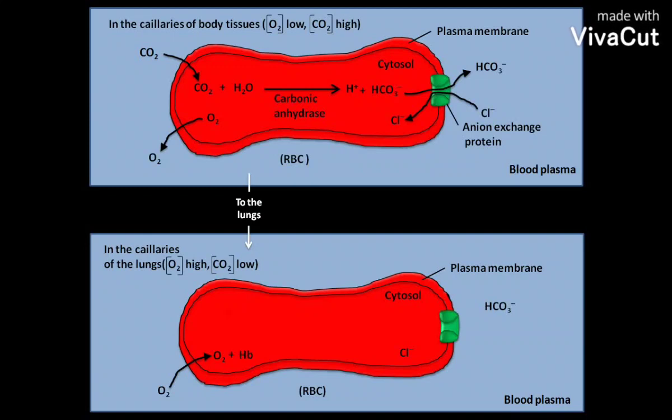to the hemoglobin. The bicarbonate ion present in the blood plasma moves into the cytosol of the RBC through anion exchange protein. It is accompanied by an outward movement of chloride ions.